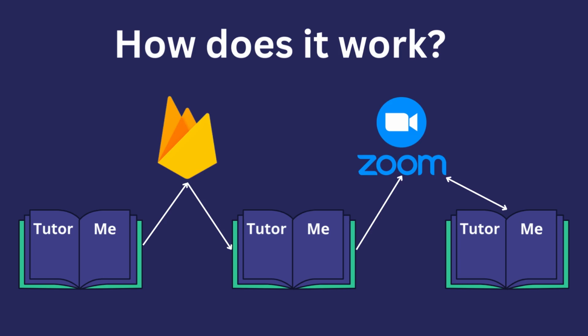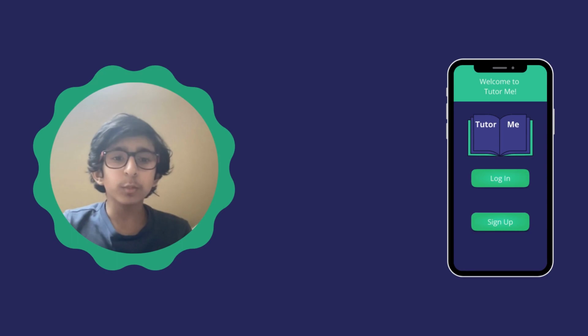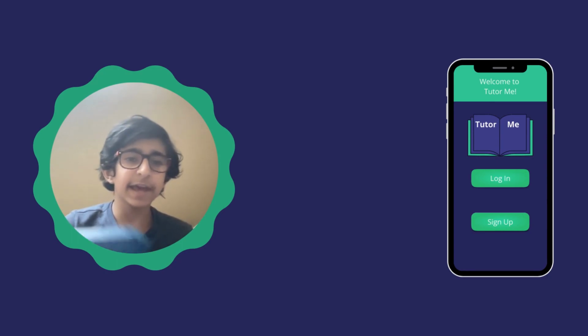Their user information will be stored in the database, where TutorMe can retrieve the data. When the student schedules a call, the app creates a Zoom meeting using the Zoom SDK. The Zoom SDK will also record all meetings and store them in the cloud for students to use on a later date. Now that we have talked about the app, let's see it in action.